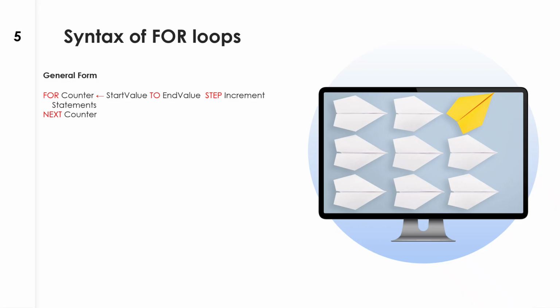Under such conditions, we use the keyword STEP, and then whatever value you want to increment by is added here. If you want to move one place forward, you add +1 here in place of increment, because here the integer value is used. If you want to go back one place, it will be STEP -1. If you want to move 2 places forward, then it will be STEP +2.